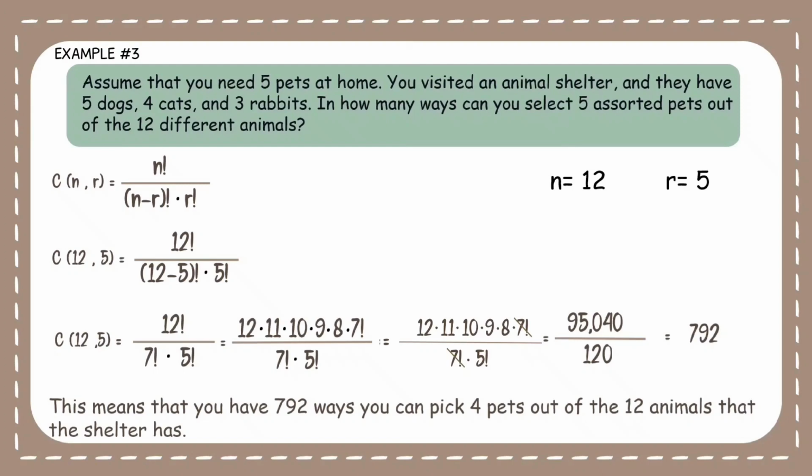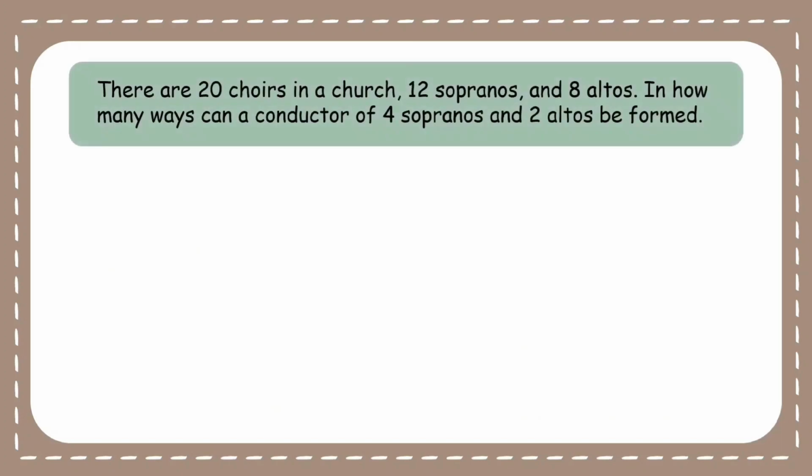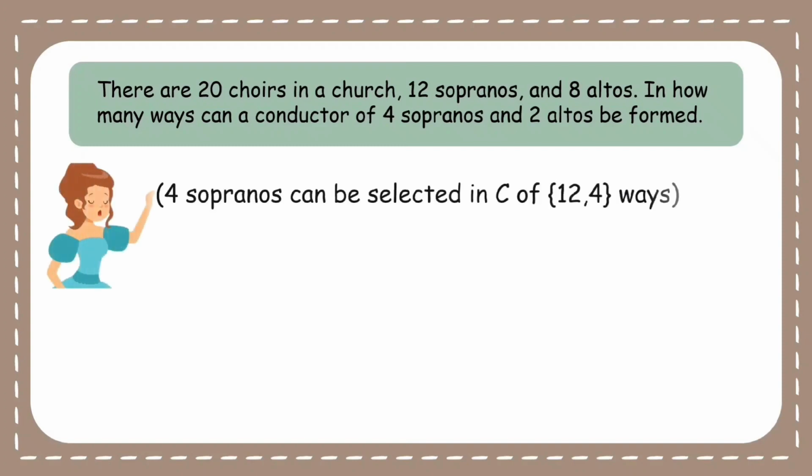And for our last example, there are 20 choir members in a church, 12 sopranos and 8 altos. In how many ways can a choir of 4 sopranos and 2 altos be formed? So, 4 sopranos can be selected in a combination of 12, 4 ways, since we have 12 sopranos and we're going to select 4.